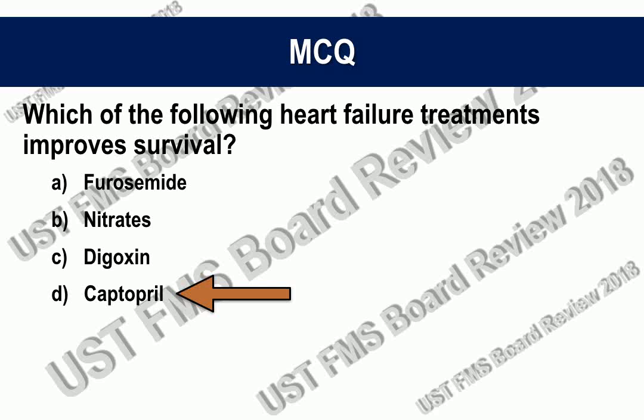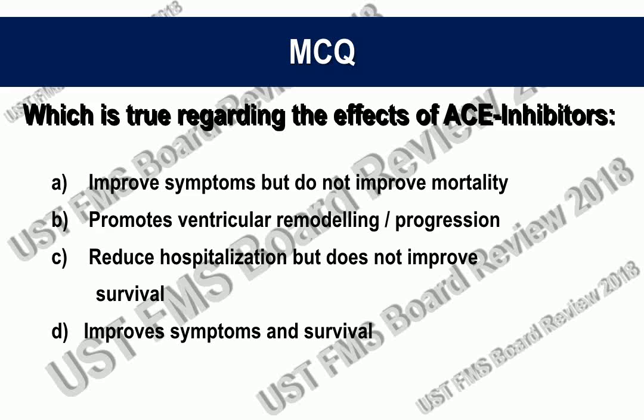Same thing with your digitalis or digoxin. Which is true regarding the effects of ACE inhibitors? So the answer here is that ACE inhibitors, in fact, can improve survival and also cause improvement in your symptoms. So it's letter D.